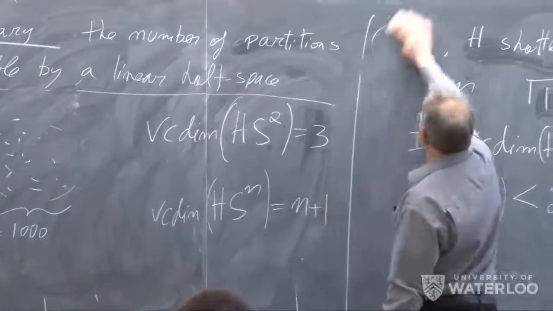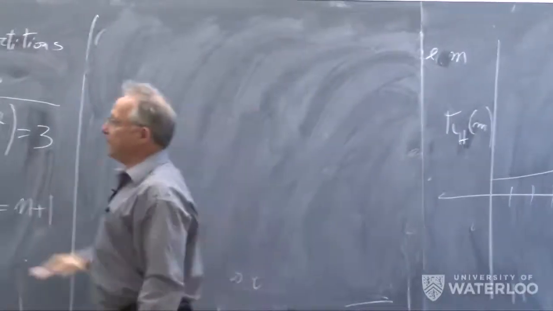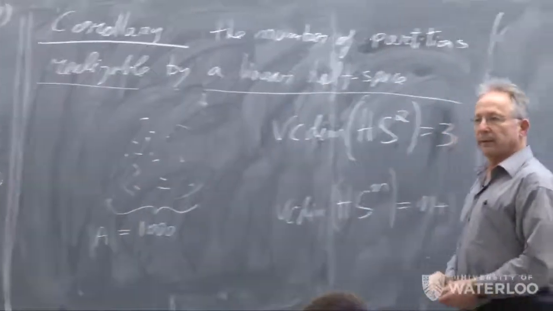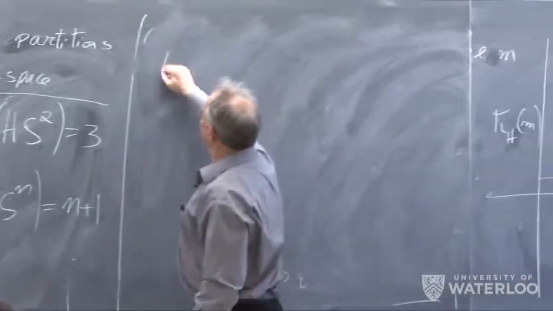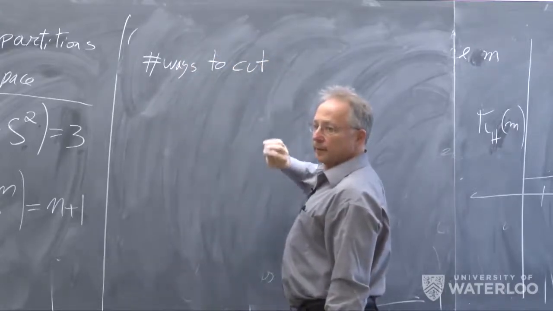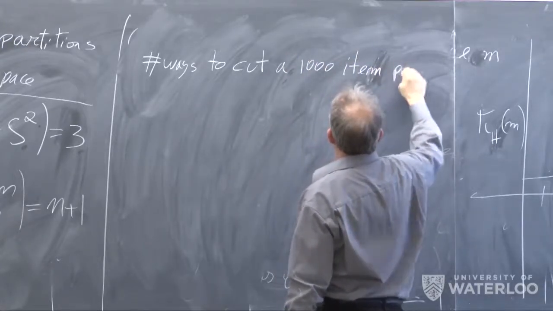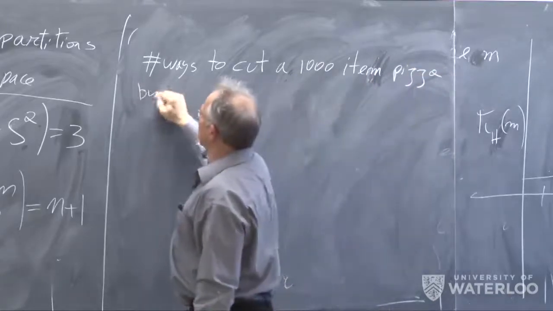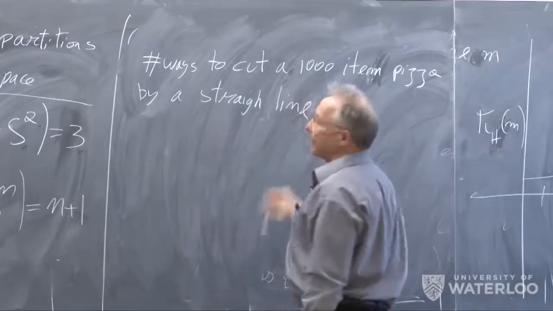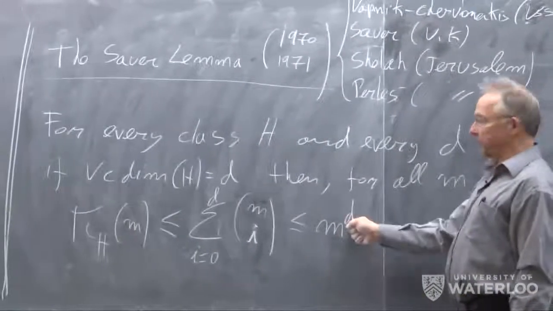So what does it mean? If we apply the Sauer lemma and ask how many ways there are to cut a 1,000-item pizza by a straight line, by the Sauer lemma it is at most the number of points on the pizza to the power of the VC dimension.